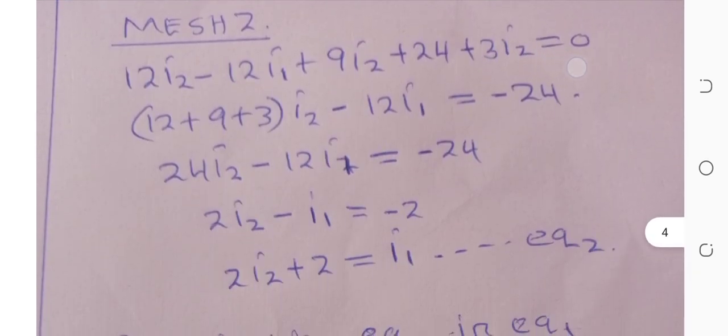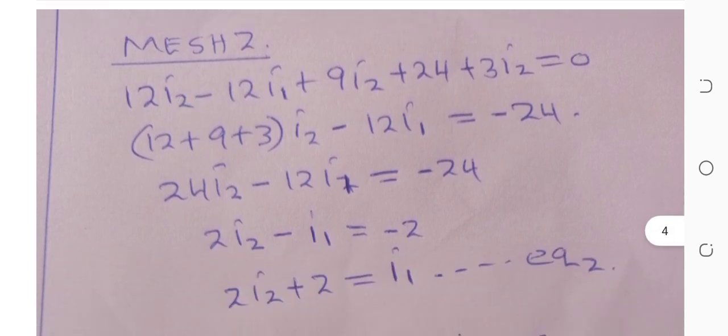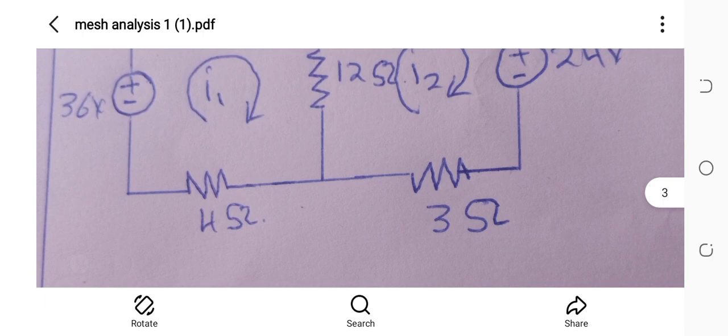So that is 12i2 minus 12i1, plus 9i2, plus 24 equals 0. This equation here.